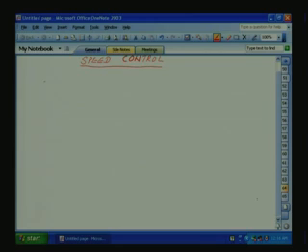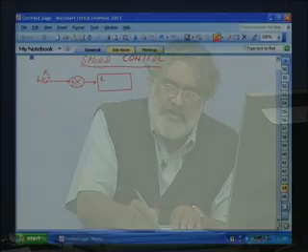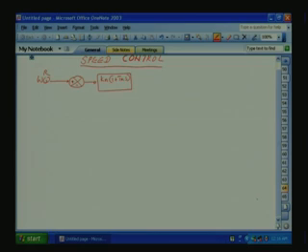Now our reference, this is the omega S reference. Here is our PI controller, that is Kn into 1 plus Tns divided by Tns.